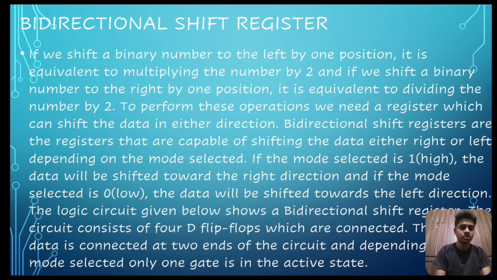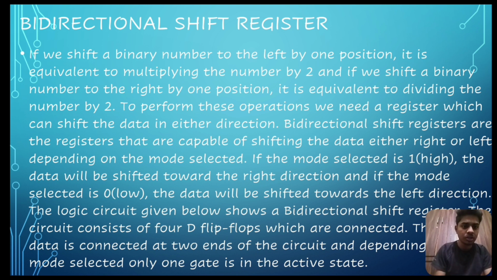Bidirectional shift registers are registers that are capable of shifting the data either left or right depending on the mode selected. If the mode selected is 1, then the data will shift towards the right direction, and if the mode selected is 0, the data will shift towards the left direction.